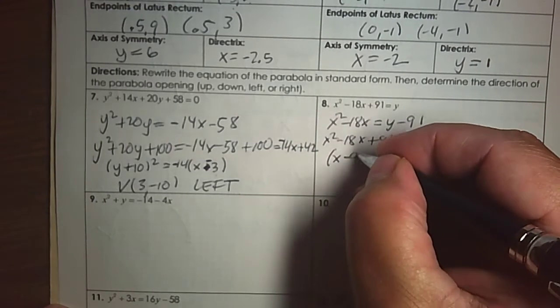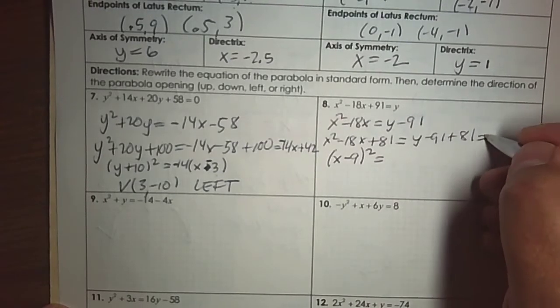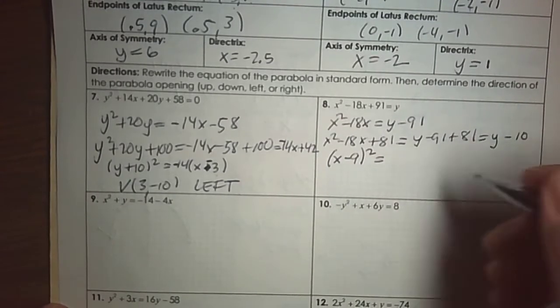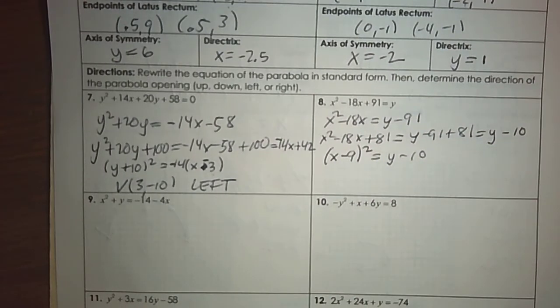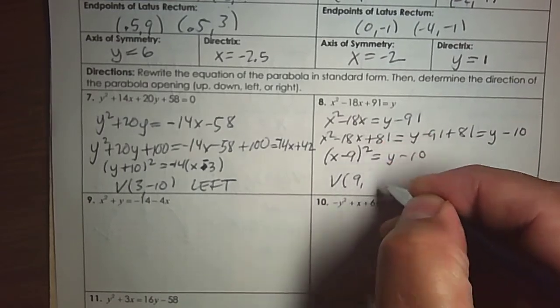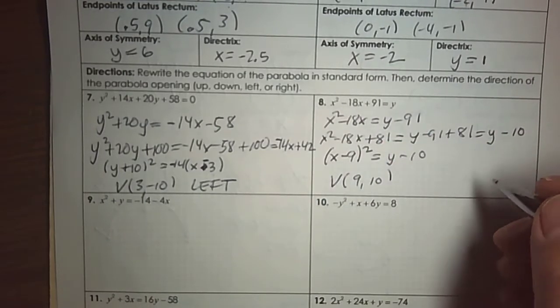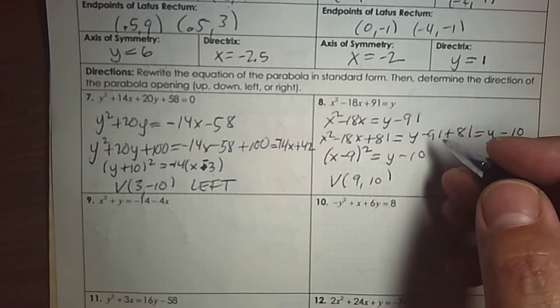That's going to be x minus 9 squared. And on the right side, if I combine this together, that's negative 10. So it says y minus 10. If you like, you can put parentheses around it, but the vertex is at 9 and positive 10. And what direction does it go? It goes up.